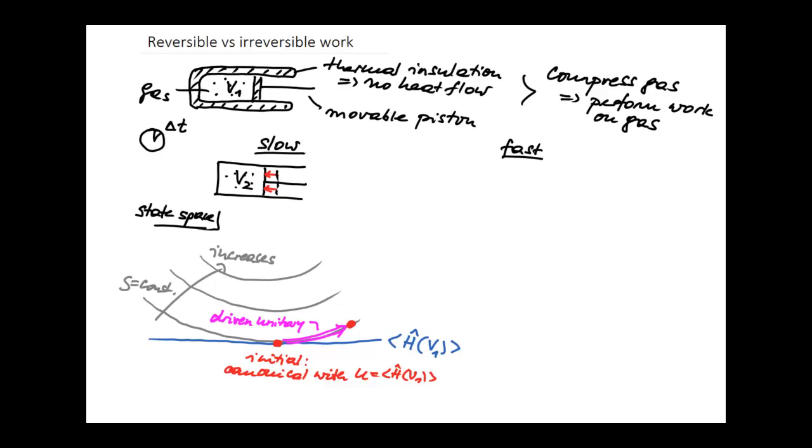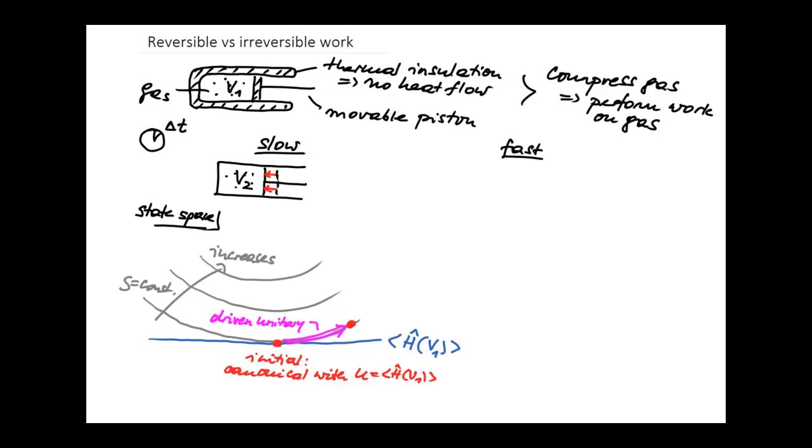If we assume that the compression is sufficiently slow, then we said at all times the system is effectively in equilibrium. So when it's sufficiently slow, then we can be certain that this final state is also an equilibrium state and hence is also a canonical state.